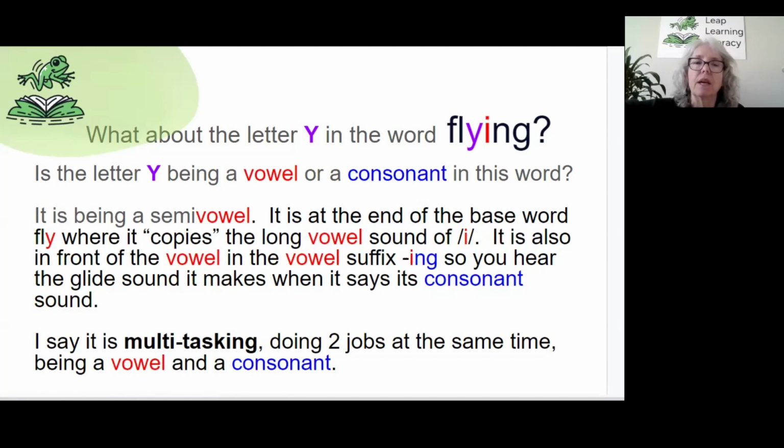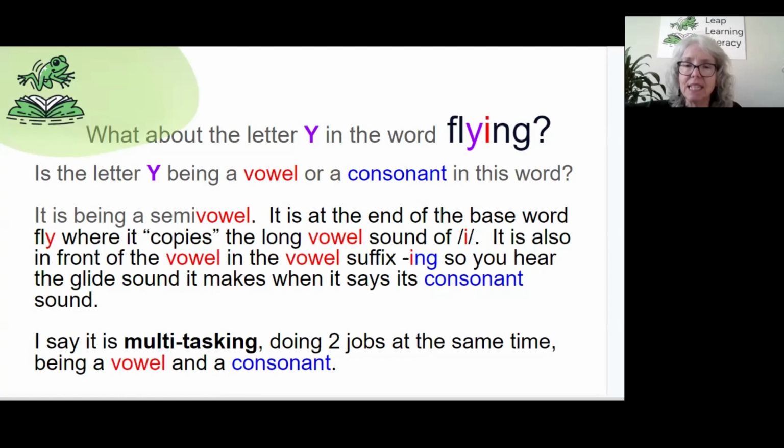So, is the letter Y being a vowel or a consonant in the word flying? It is being a semi-vowel, which we said Y is. It is at the end of the base word, fly, where it copies the long vowel sound of I. It is also in front of the vowel in the vowel suffix ing. So you hear the glide sound it makes when it says its consonant sound.